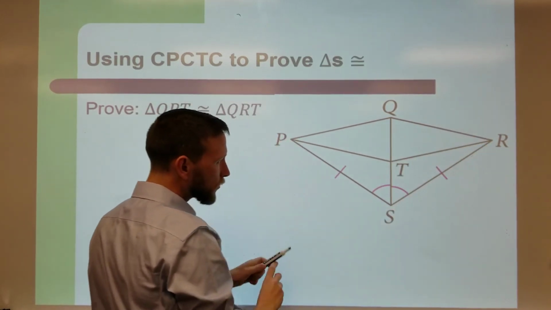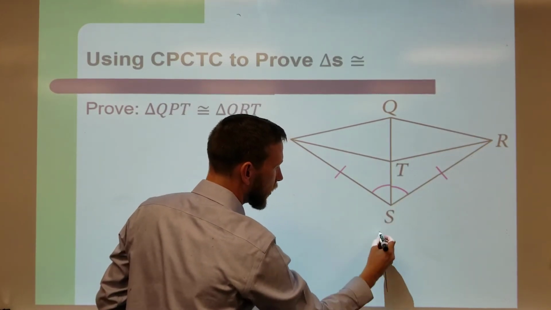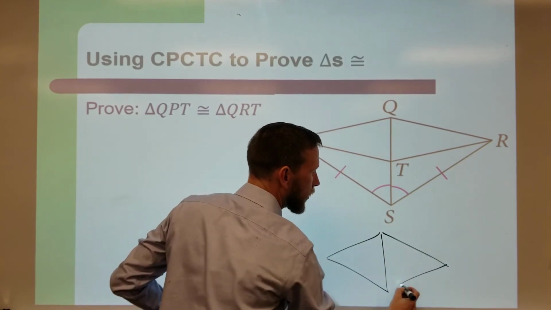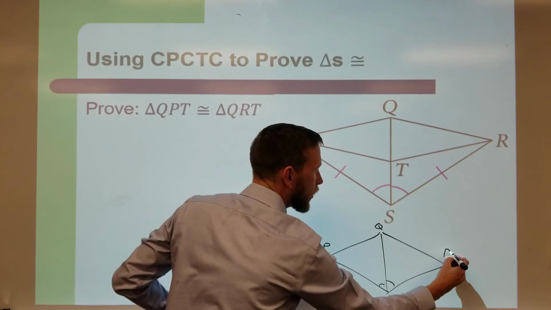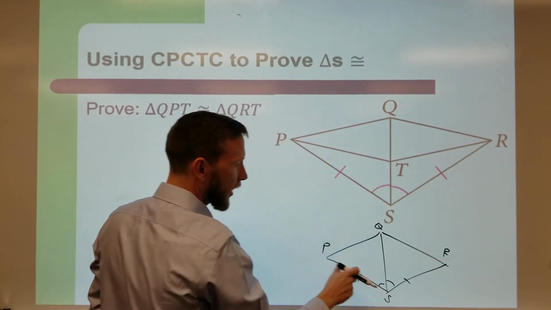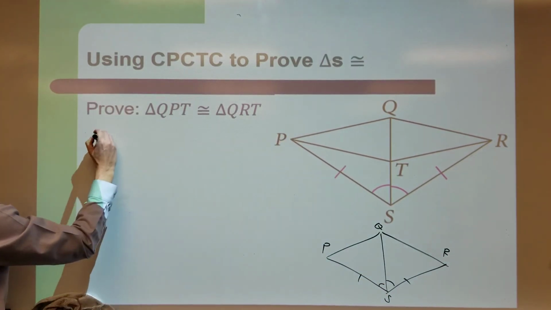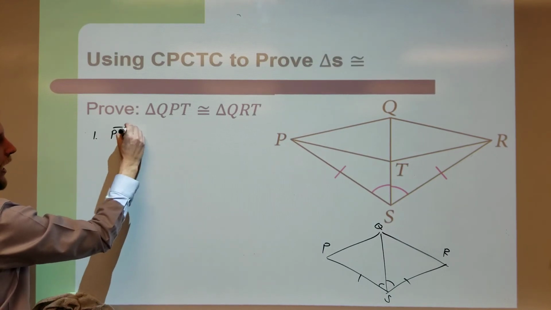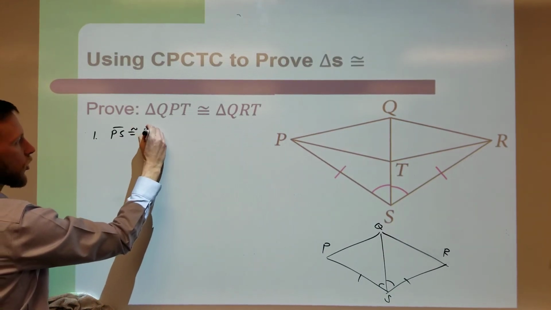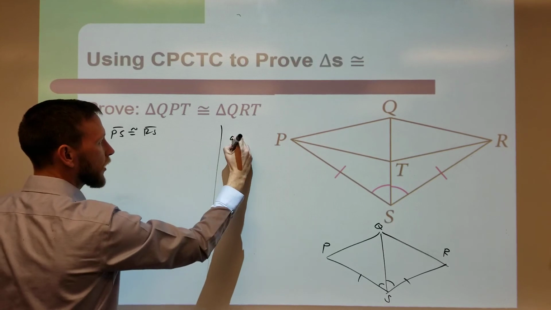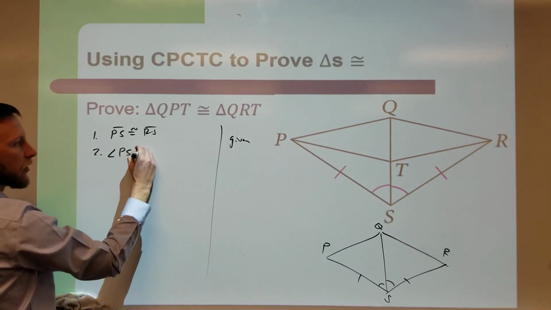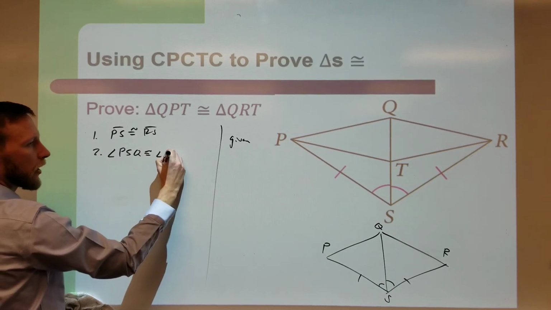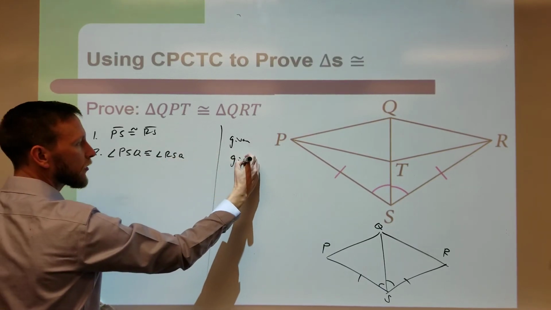Basically what I'm going to do is envision this as just the big set of triangles. Here's S, here's Q, here's P, here's R. We know that that information is true. So I'm going to start by saying that PS is congruent to RS, and the reason for that is it's given in the beginning. We have angle PSQ congruent to angle RSQ, that is given.